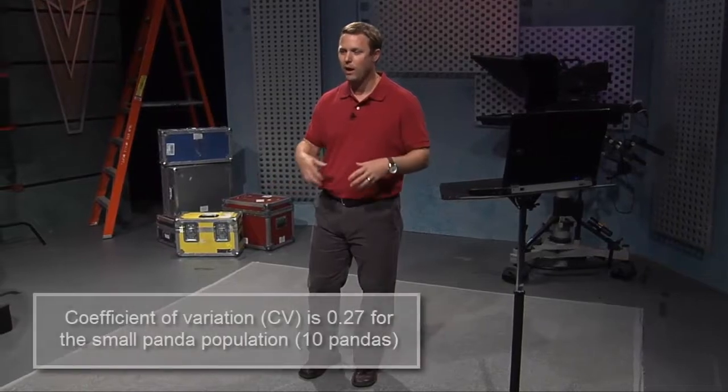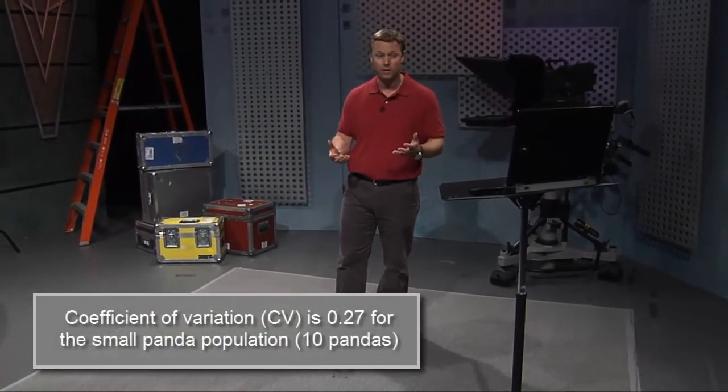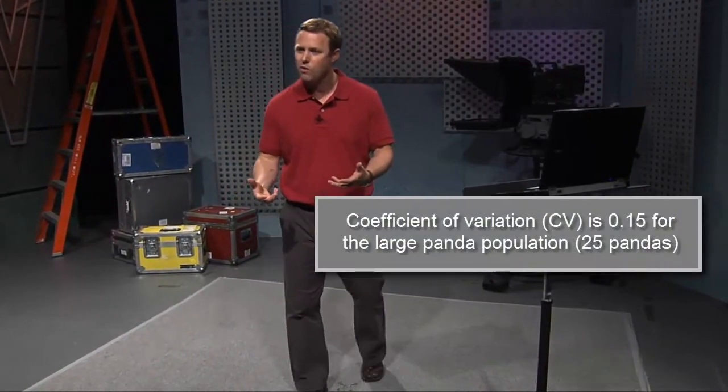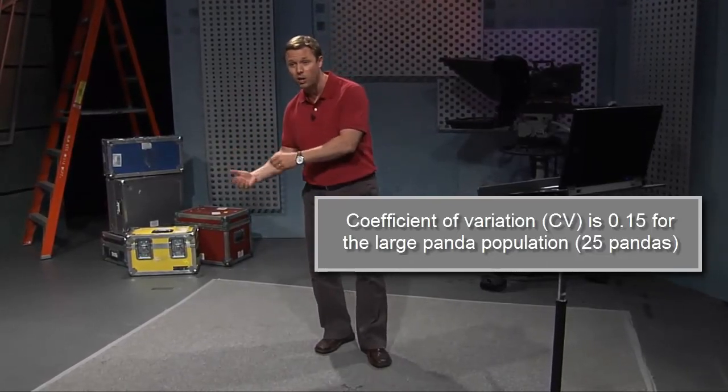In the case of our pandas, our small population now has a coefficient of variation of 0.27. Our larger population now, our 25 population, has a CV, or coefficient of variation, of 0.15, considerably smaller. Now that we've standardized our variation, we can now directly compare these two populations.